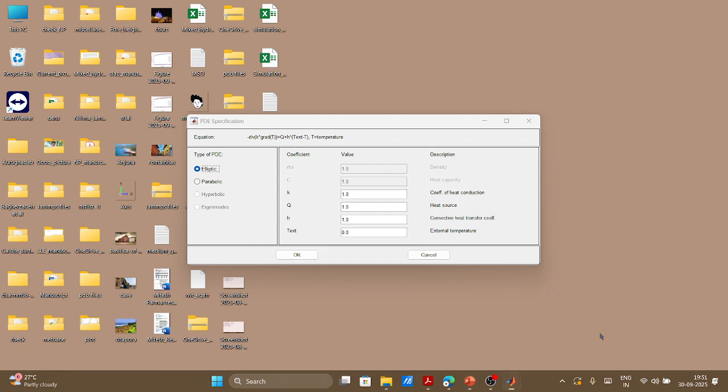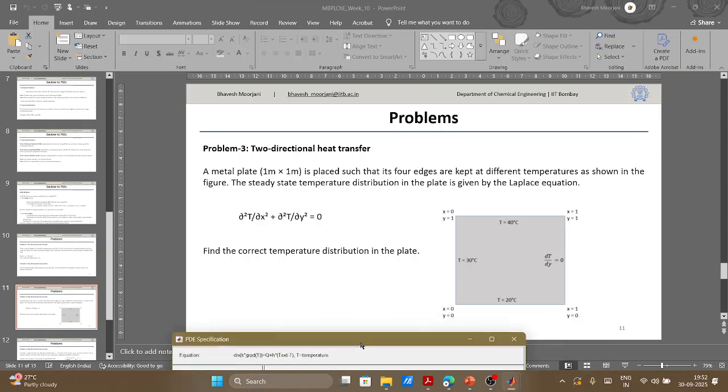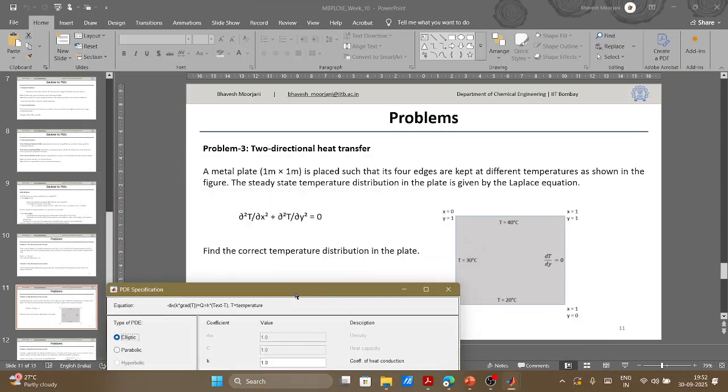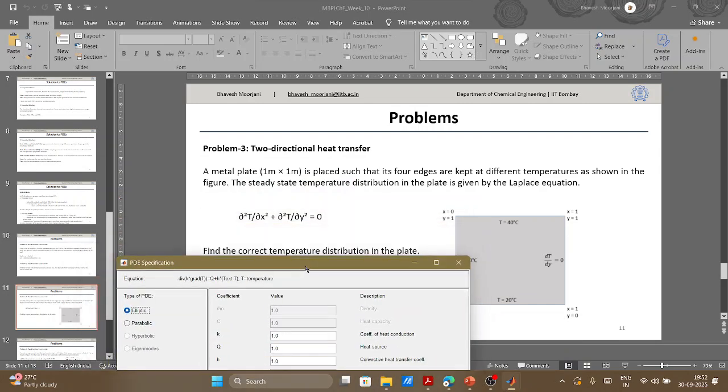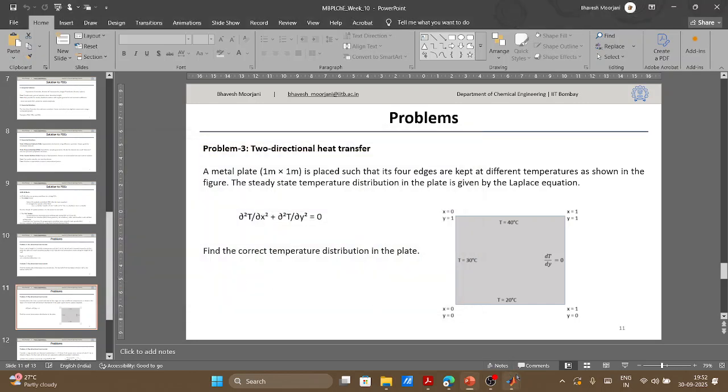Your k value has not been specified here, so we can consider it as 1. For the Q value, there is no heat source or sink, so Q value is 0. There is no convective heat transfer and no external temperature, so everything I'm keeping at 0.